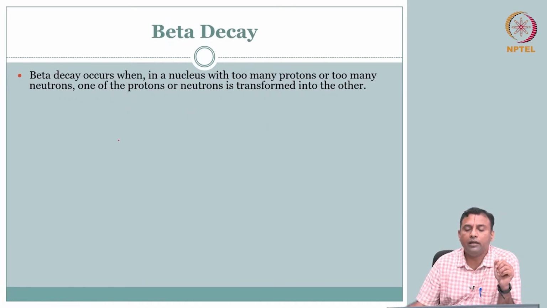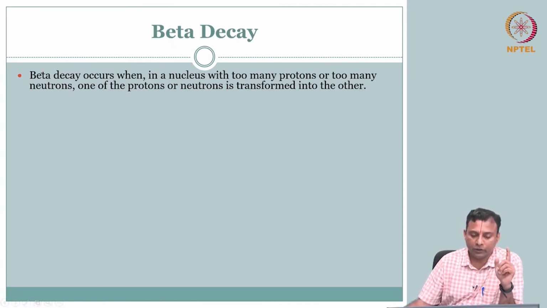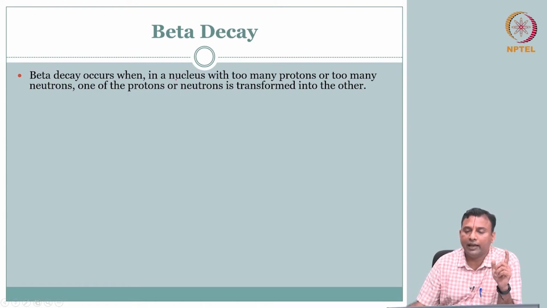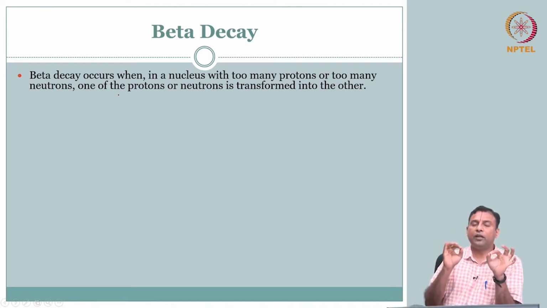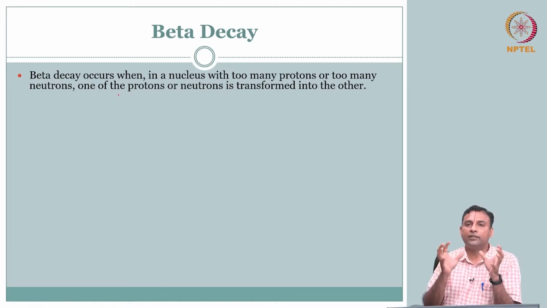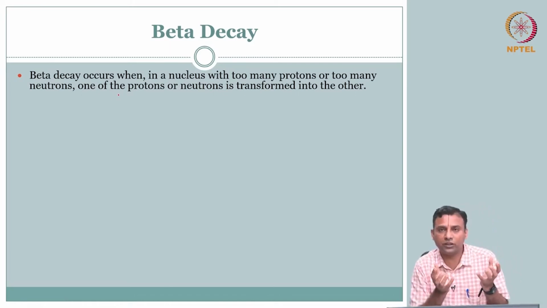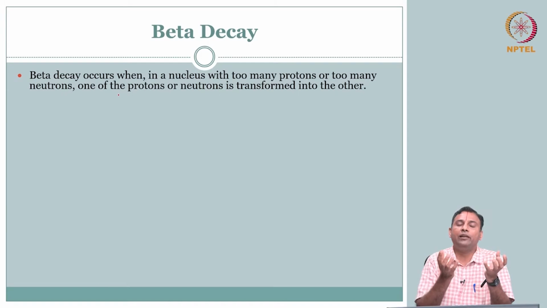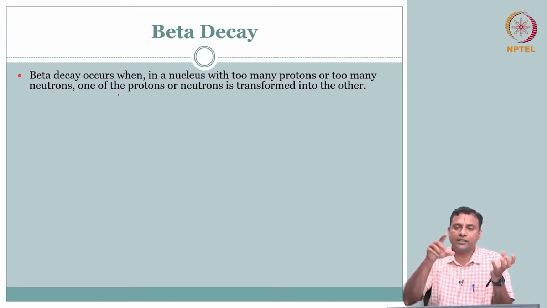Then you have your beta decay. In beta decay there is something interesting. Beta decay occurs again in a nucleus with too many protons or too many neutrons. When the numbers are not appropriately distributed, then you have a problem, it is not stable.